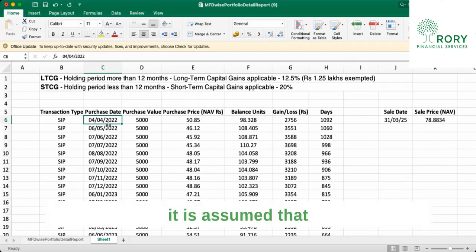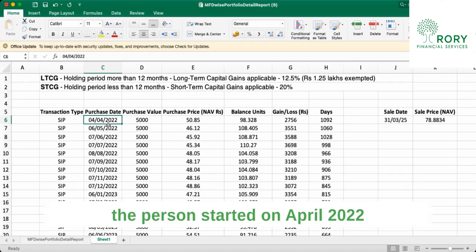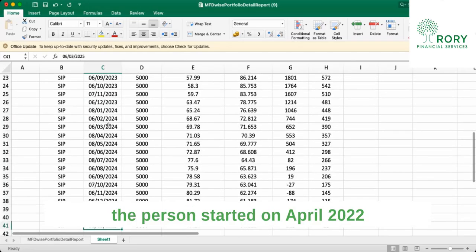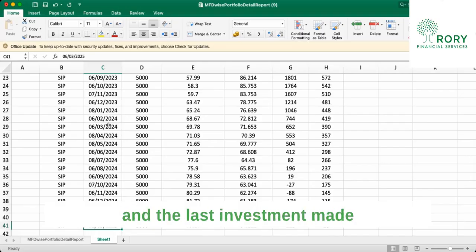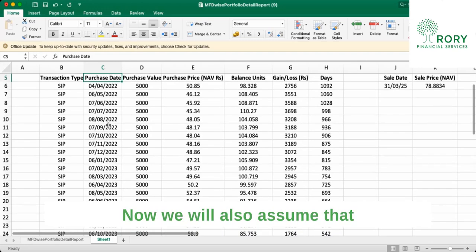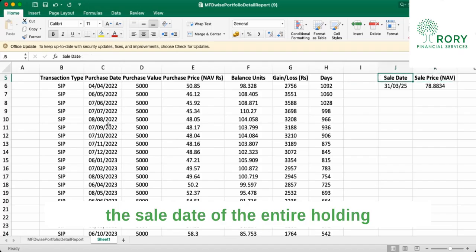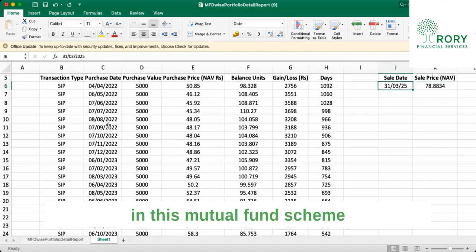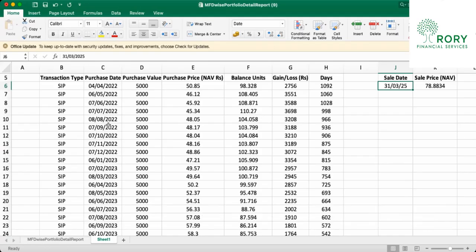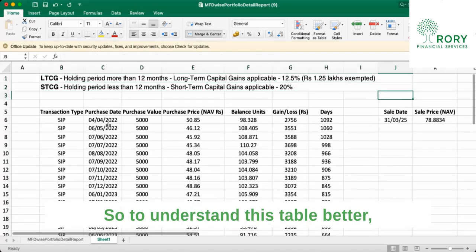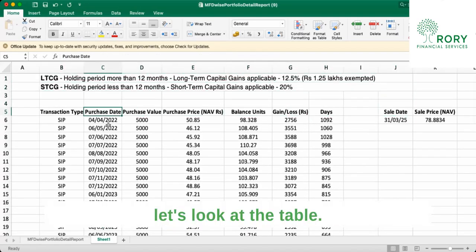So, in this case, it is assumed that the person started in April 2022 and the last investment that they made was in March 2025. Now, we will also assume that the sale date of the entire holding in this mutual fund scheme was on 31st March 2025. Right? So, to understand this better, let's look at the table.